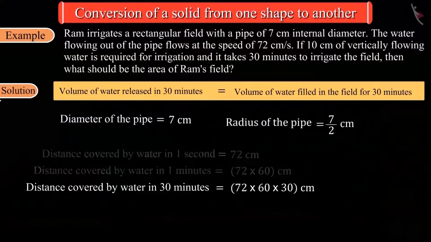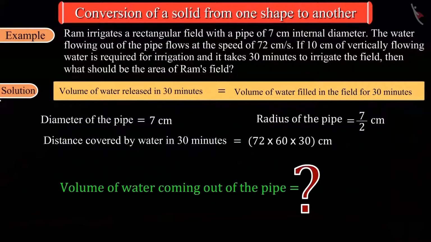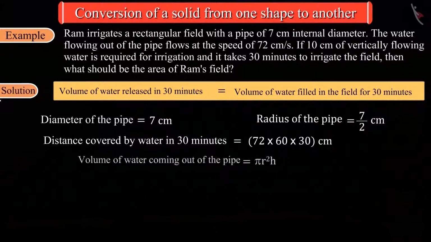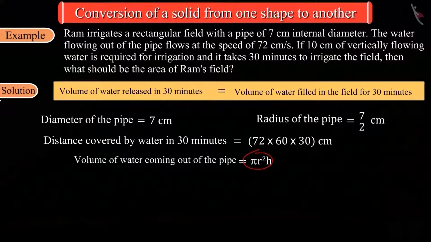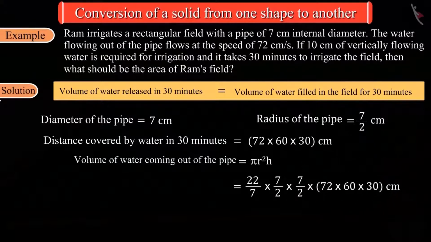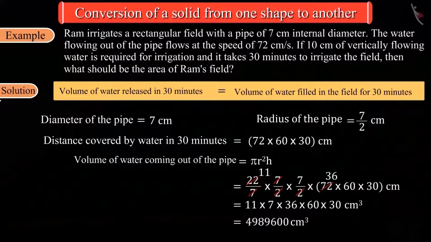Now, if we assume that the water is static for some time, can you guess the volume of this water? Well done. We can do this with the help of this formula, where R is the radius of the pipe and H represents the distance travelled by water in 30 minutes. Which gives us the volume of water coming out of the pipe in 30 minutes.